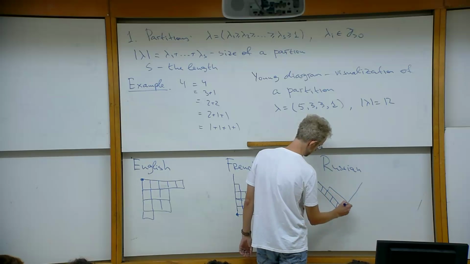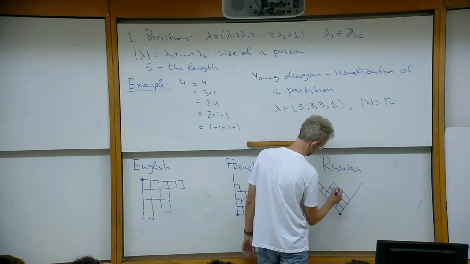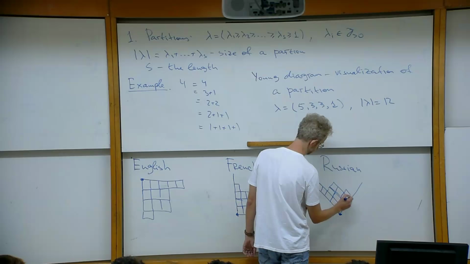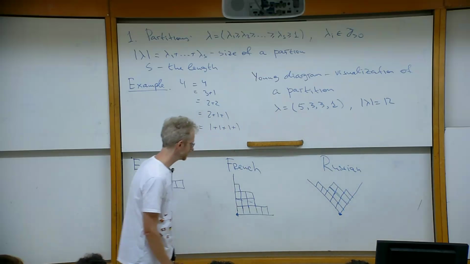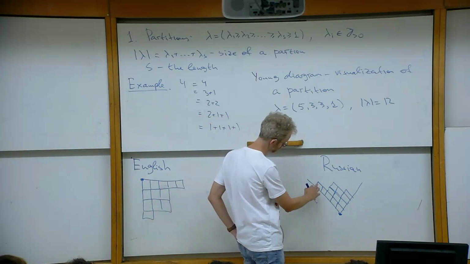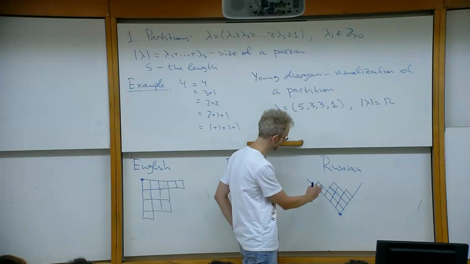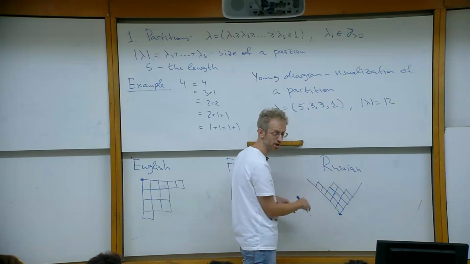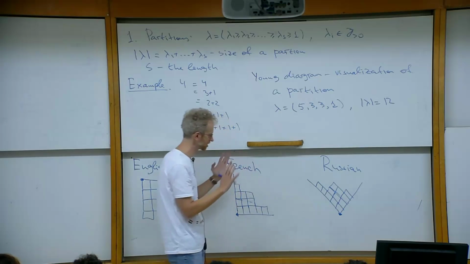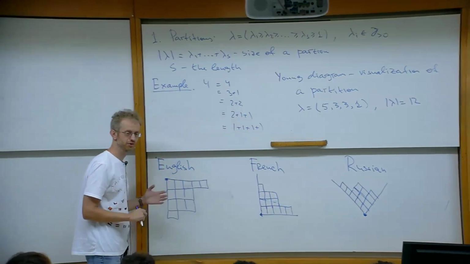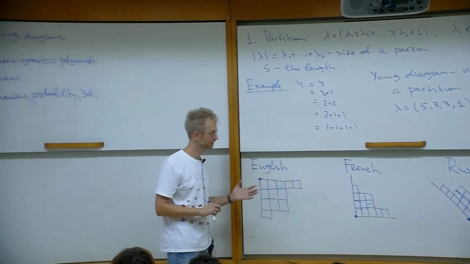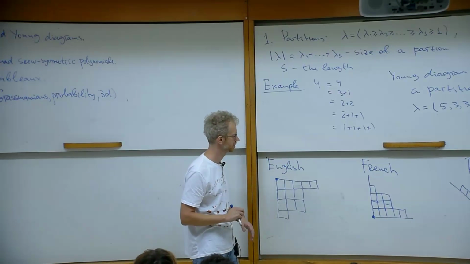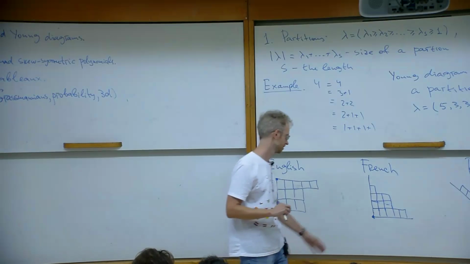And 3 boxes here. And then 1 more box. So why do people like it? Because you see here you have a kind of shape. So if you have a lot of boxes, you can try to think what is the limit shape of the diagram. And of course, this is just a matter of your taste and the matter of the problem you are solving, but I just want to mention that there are different things showing up here.